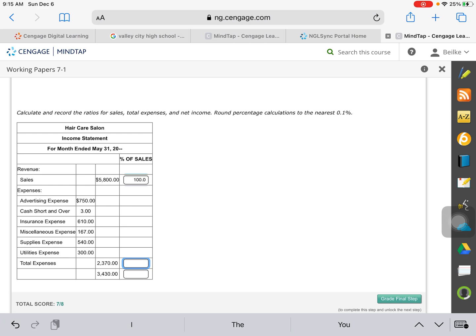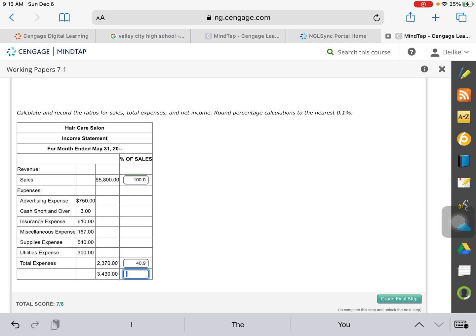So again, if we take our $2,370 and we divide it by $5,800, we come up with 0.40862069. So to round that, it is 40.9%, because we're rounding it to the nearest tenth. Then we are going to take our net income.